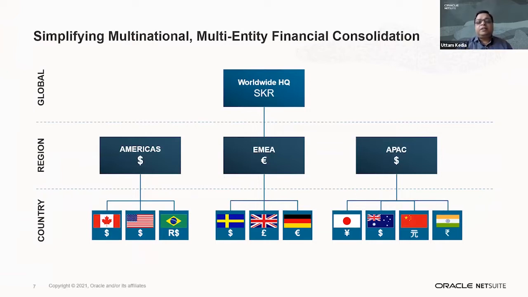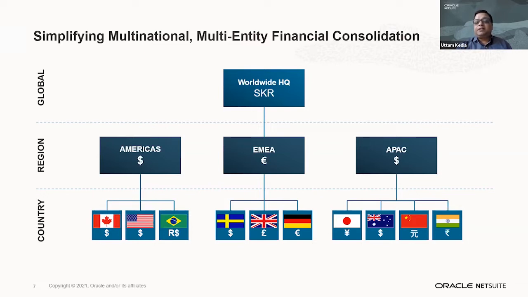You can have headquarters anywhere across the globe. This is a worldwide headquarters to represent a symbolic organization, which can be headquartered anywhere, but they can have entities in regional locations. These regional locations can again be parent entities which have individual country-specific businesses as well.